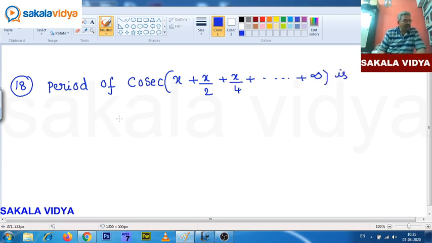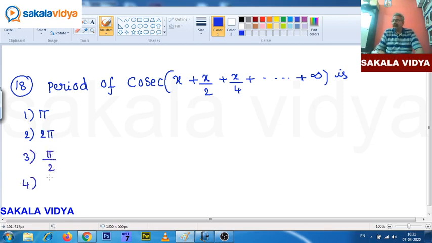First option pi, second option 2 pi, third option is pi by 2, fourth option we have pi by 4. Is the question clear now?